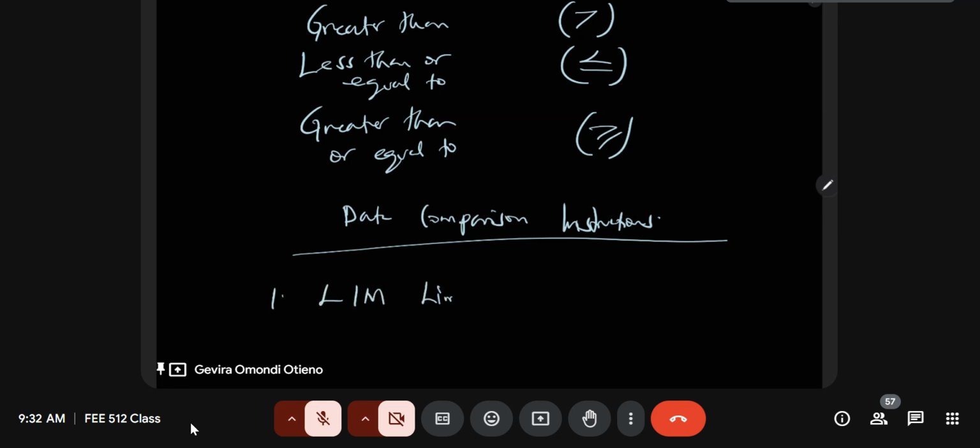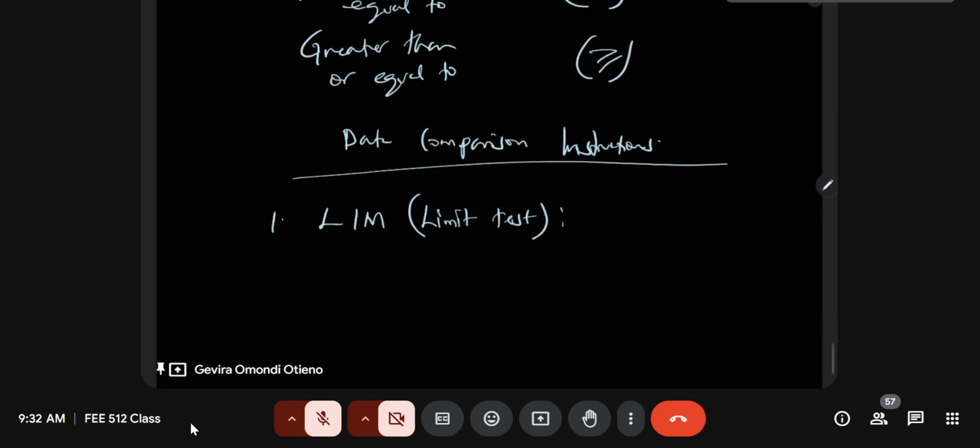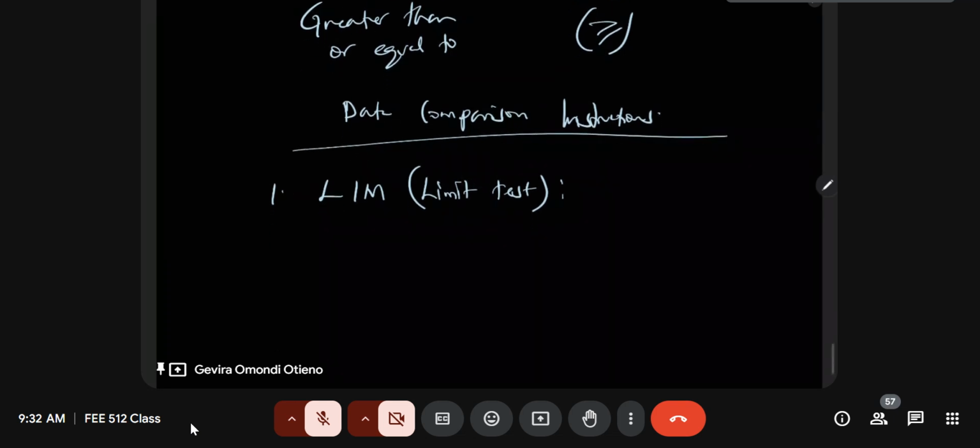This is known as the limit test. We've done it in maths as well, but in PLCs, it also exists as LIM, the limit test. So this is usually to test whether one value is within limits, or within range.